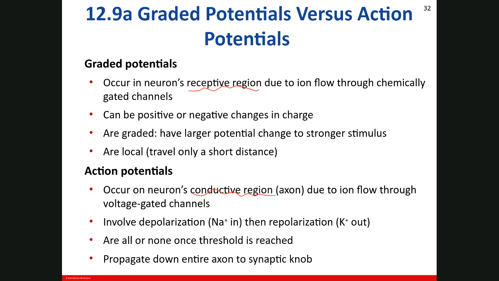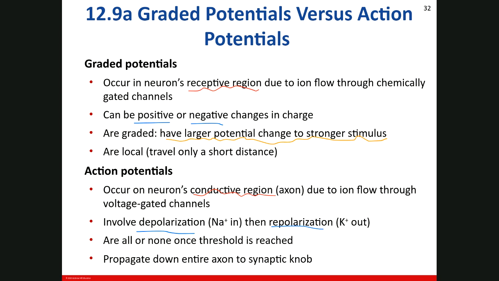The next difference which we have between graded potential and action potential is this. The graded potential can be positive or it can be negative, but the action potential involves depolarization and after that repolarization. The graded potential can make larger potential when the stimulation is stronger, but the action potential is the same.